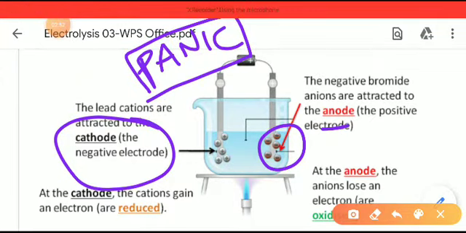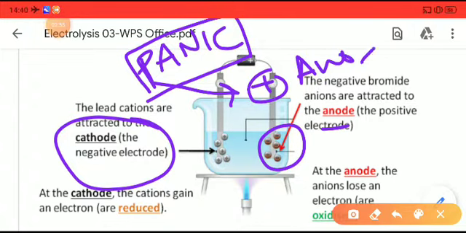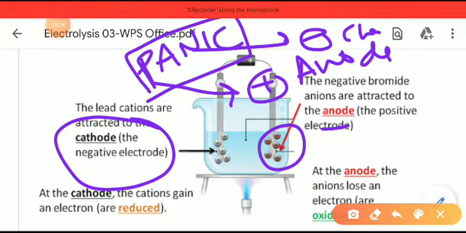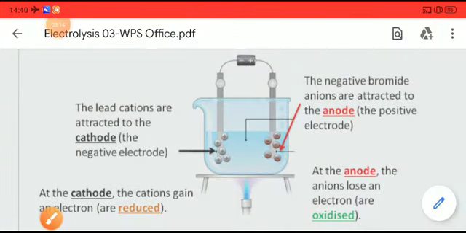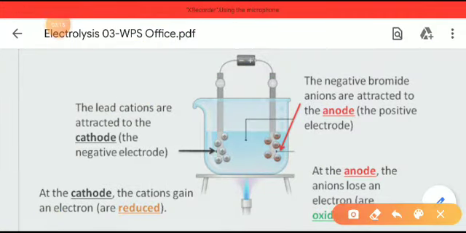PANIC means positive anode and negative cathode. So the anode is positive and the cathode is negative.